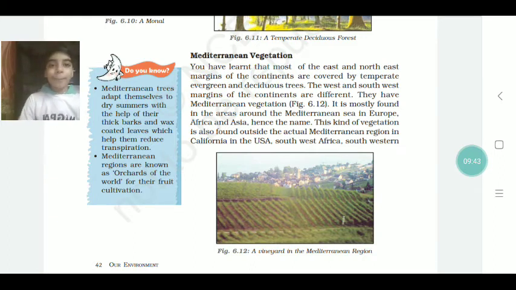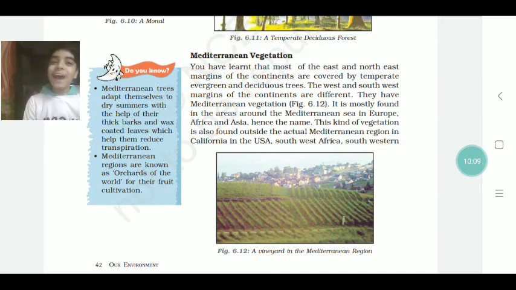Let me tell you an important and interesting fact: we know that the summers are rainy and the winters are dry, but in the Mediterranean vegetation area, the summers are dry and the winters are rainy. So we have a different climate in the Mediterranean vegetation.